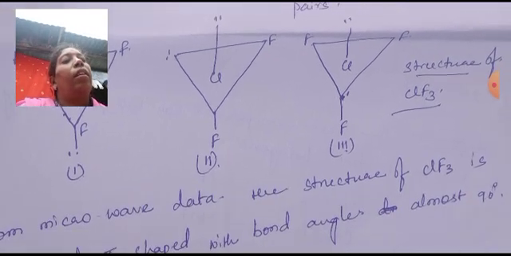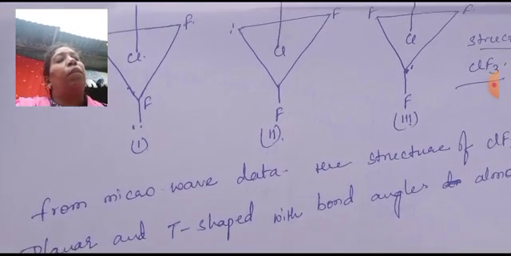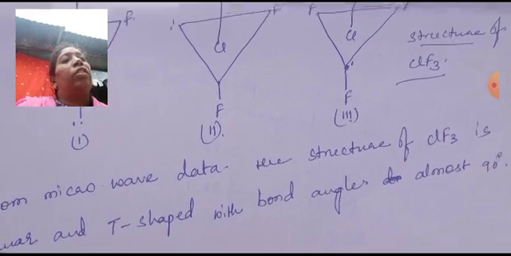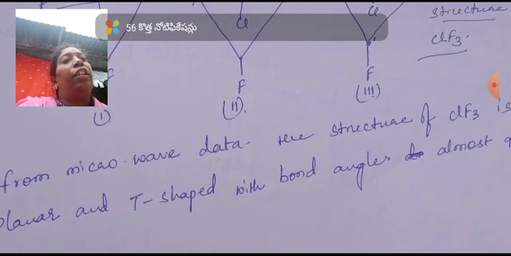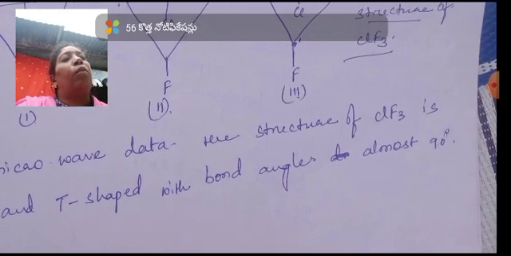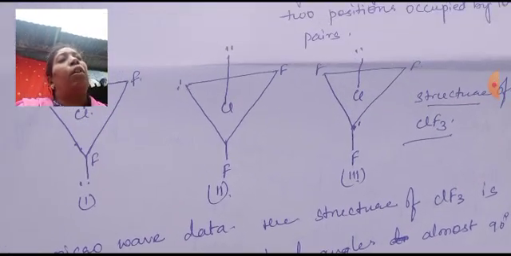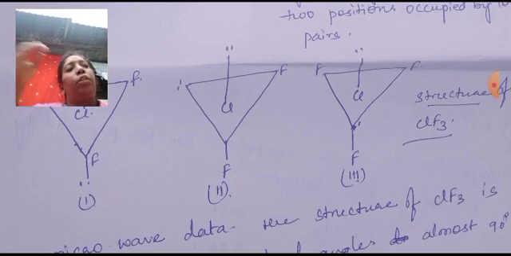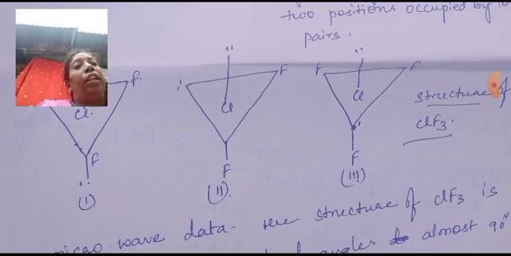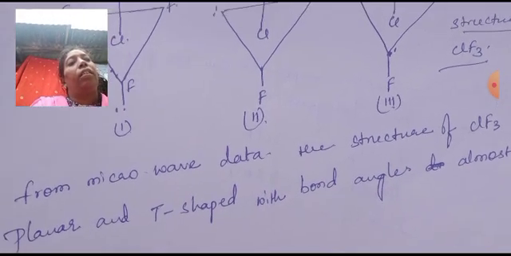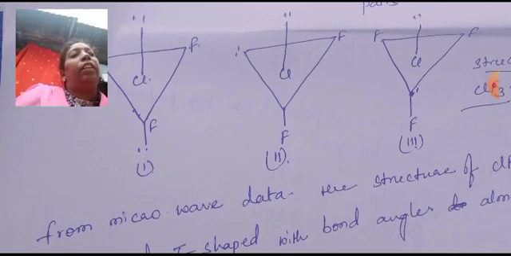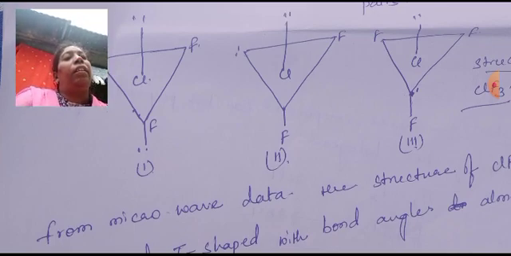From microwave data, the structure of chlorine trifluoride is planar and T-shaped. Its bond angle is almost 90 degrees. It is a planar T-shaped structure. It looks like a capital T. T for Telugu.